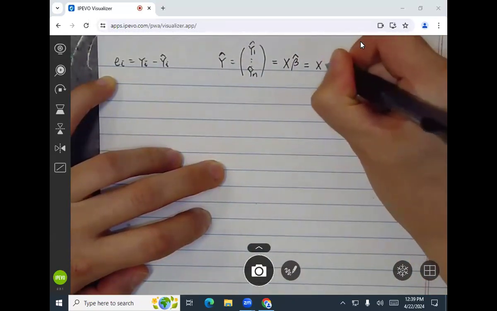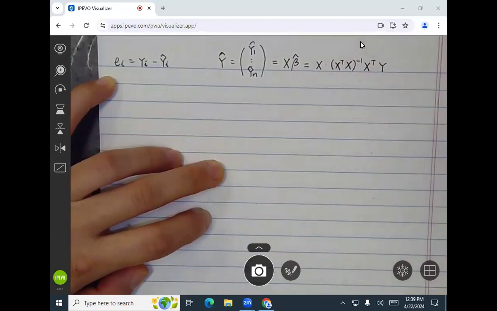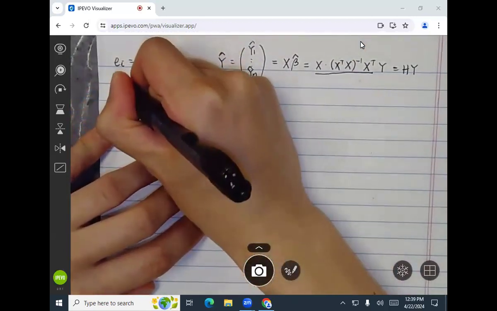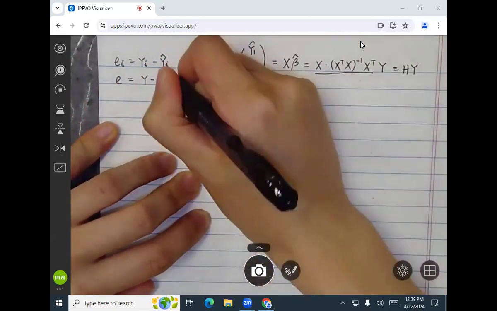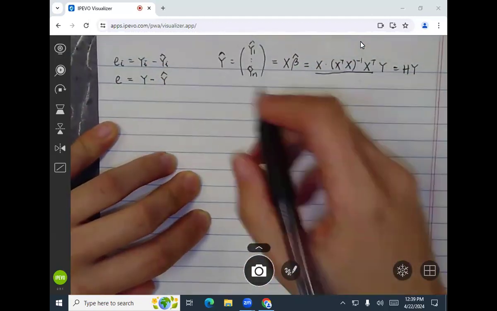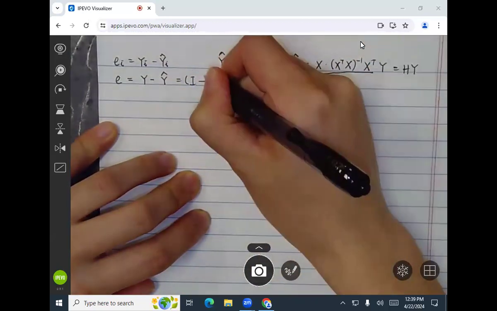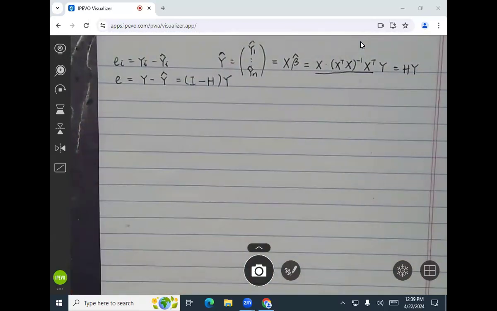Beta hat has the form (X transpose X) inverse X transpose y, and we denote the matrix X (X transpose X) inverse X transpose as the hat matrix H, so y hat equals H y. Therefore, in vector form, the residual vector e is equal to y minus y hat, which becomes (I minus H) y, where I is the n by n identity matrix. That's what we gave in a past lecture.